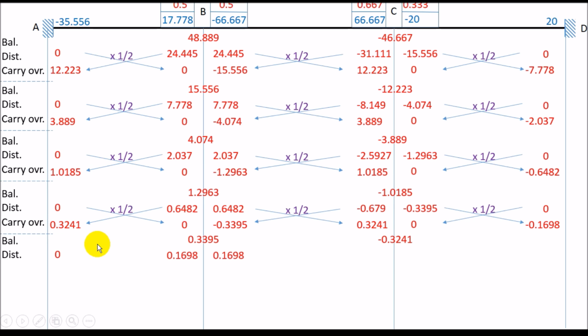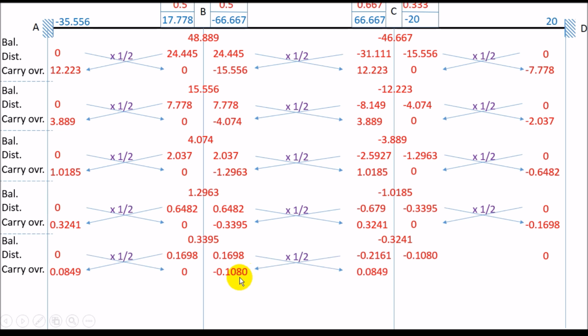You have to keep on iterating till you get this value as a very small value. So we'll check if we get a very small value. You can see we are getting 0.0849.